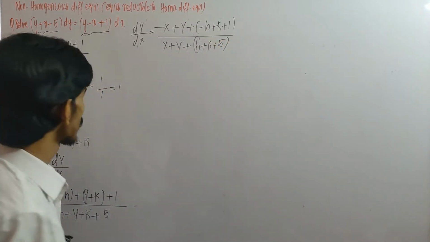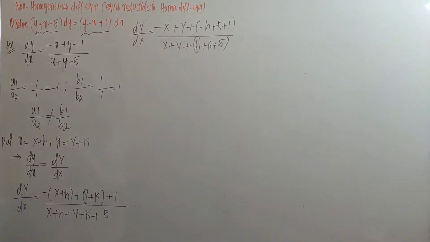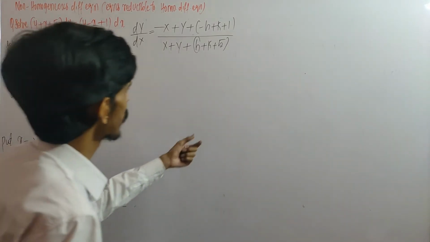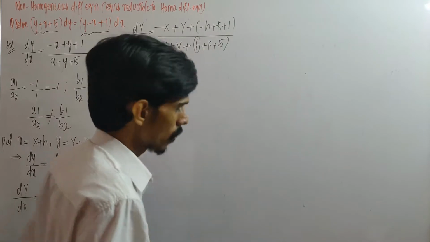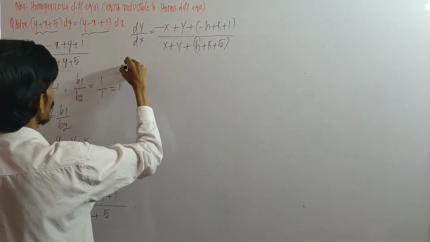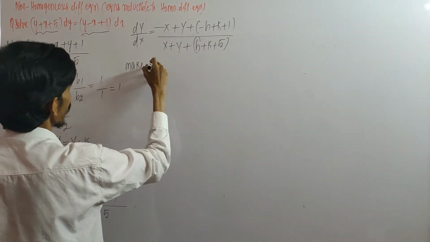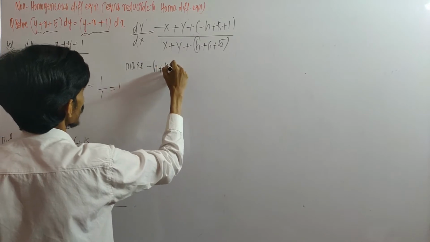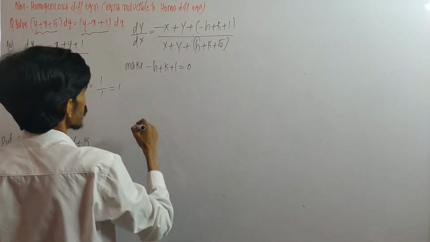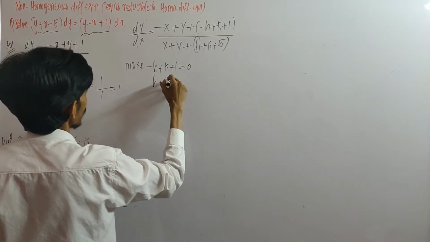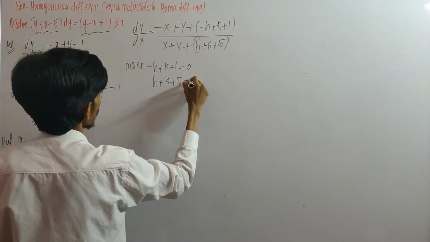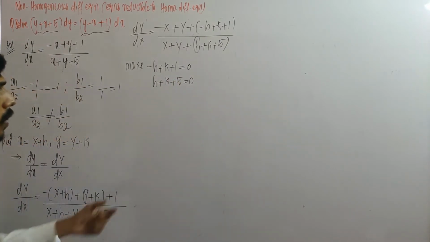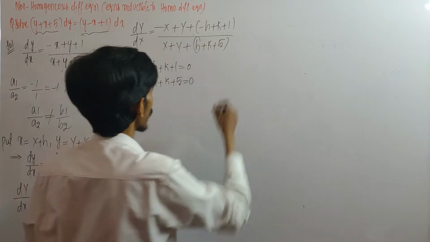Now to convert this non-homogeneous equation into a homogeneous equation, we have to make these two terms 0. So make -h + k + 1 = 0 and h + k + 5 = 0.